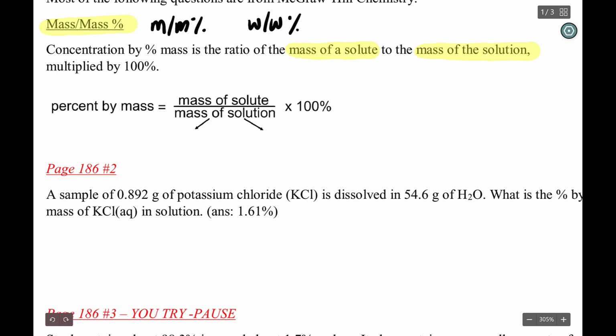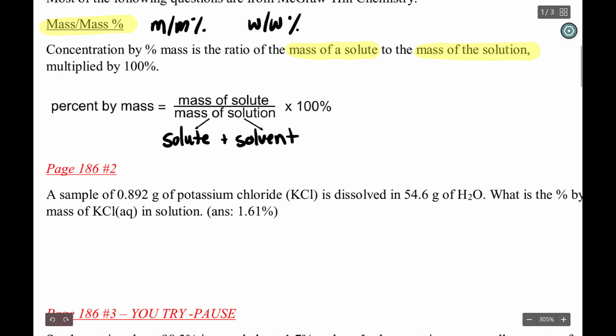Now the full equation written out is down here, but I wouldn't actually record this on my sheet. I like it to be a little bit more simple than this. The reason I have this written out, though, is to make sure we understand that when we're talking about a mass of a solution, it is the mass of the solute plus the mass of the solvent.